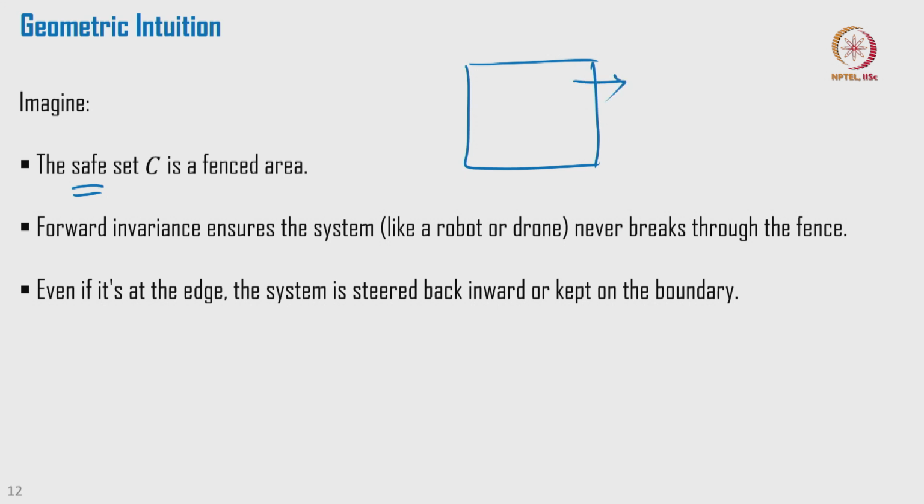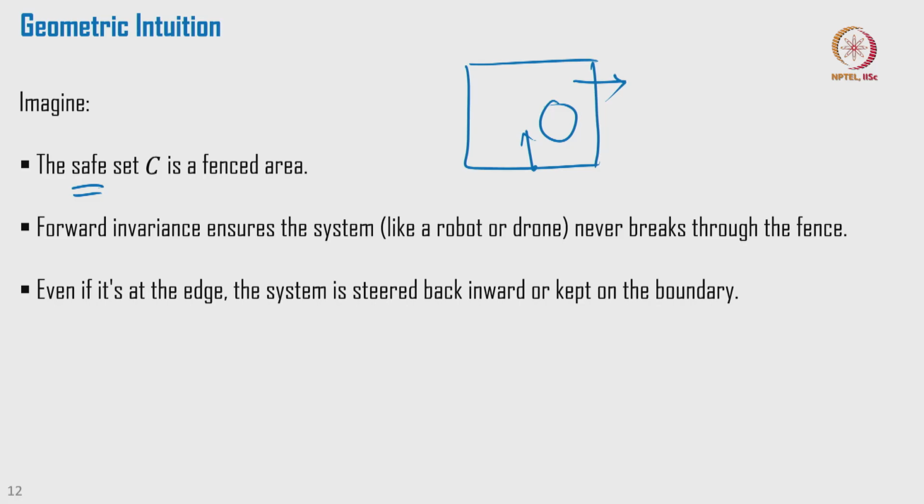Even if it's at the edge, the system is steered back inward or kept on the boundary, and that is true for the obstacle as well. If it is on the safety tolerance boundary, there should be a control input that will steer the system back inward again inside the safe set, or it can be on the boundary, but depending on the functionality or operation of the drone, it might not always be visible. So it should move away from the unsafe set.